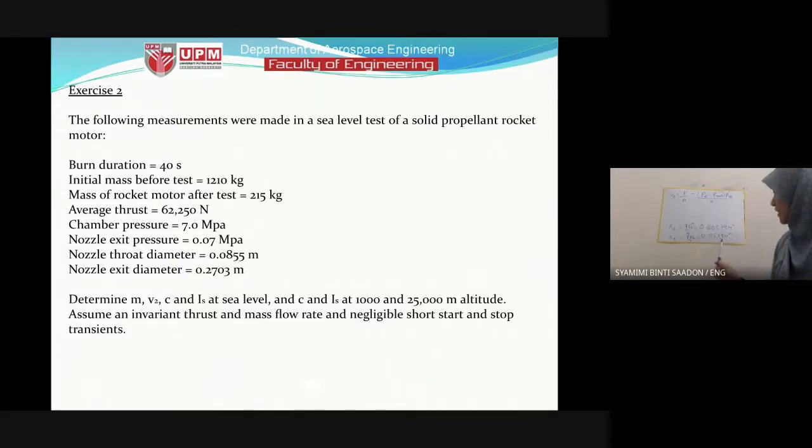Multiply with the exit area calculated just now, over the mass flow rate. So we have the average exhaust velocity around 2,500 meters per second. By using the normal thrust equation, we divide the thrust force and the pressure force by the mass flow rate, because we just want the velocity.